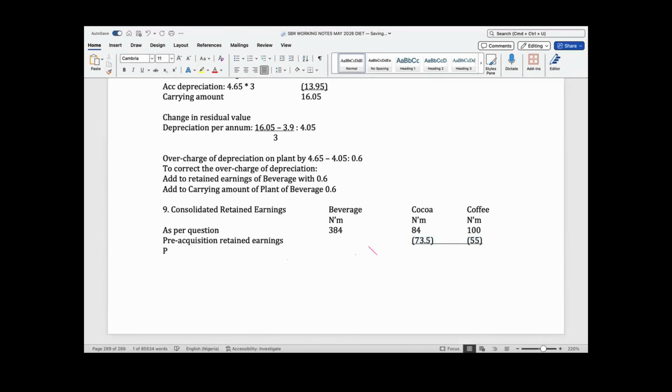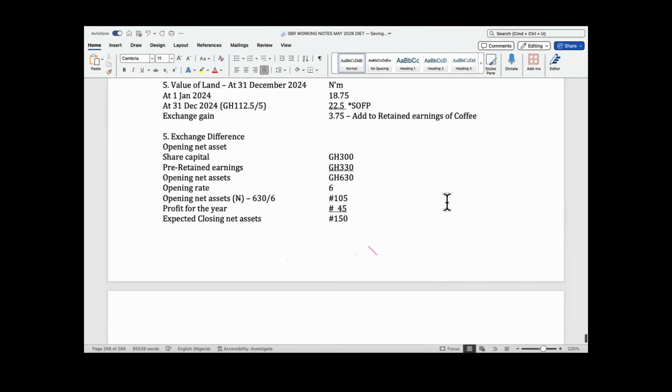Then post-acquisition retained earnings. So how much is this? 10.5, okay. I guess this 45. Okay. Yes, sir. All right.